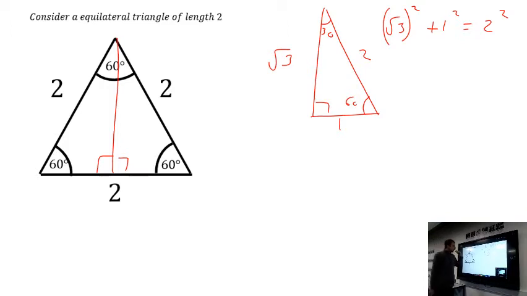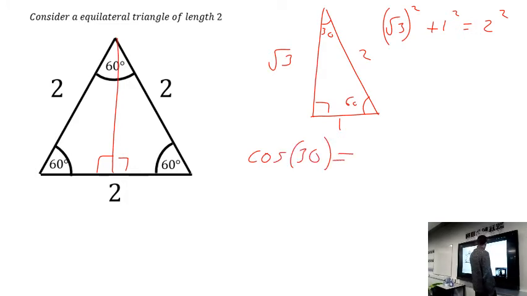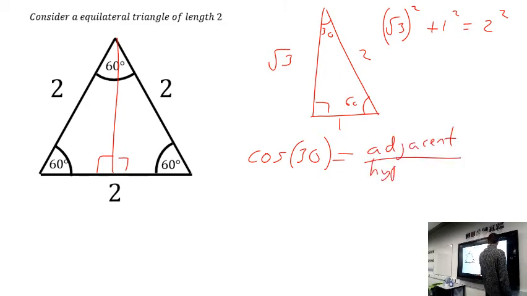Okay, so let's have a go at finding cosine 30. Cosine 30 is adjacent over hypotenuse. So what is the adjacent?